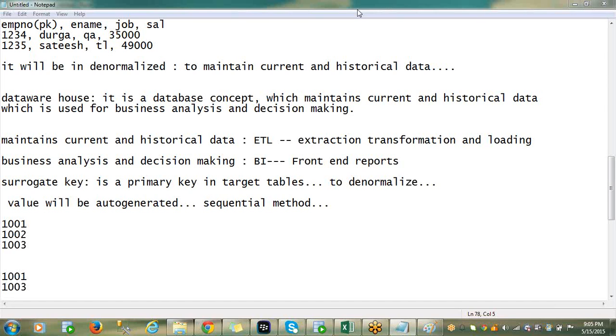Now data deletion. See, the data deletion all depends on the length of data that you want to maintain, the period of historical data. If for your business analysis you want to maintain only 3 years of data, then whenever you enter the fourth year, 1 year of data will go.